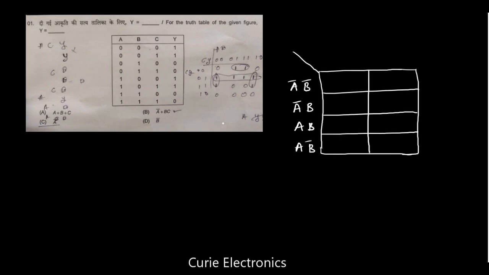Here it is C bar and C. Now where we are having outputs: when A, B, C are all 0, output is 1. Next is 0, 0, 1. And next, 1, 0, 0, and 1, 0, 1. The remaining are all zeros.